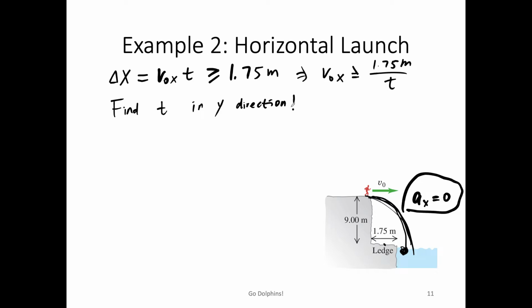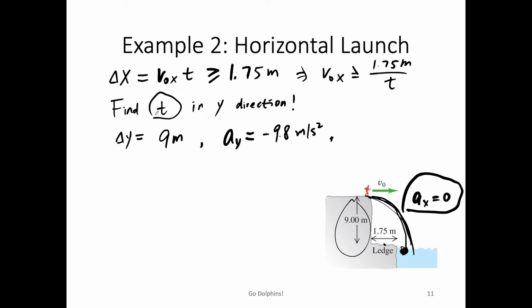And what kind of information do we have in the y direction? We have delta y, the displacement in y, which is 9 meters given. We have a_y, we always know a_y, which is negative 9.8 meters per second squared. And we need to know at least 3 variables in the y direction to solve, right?